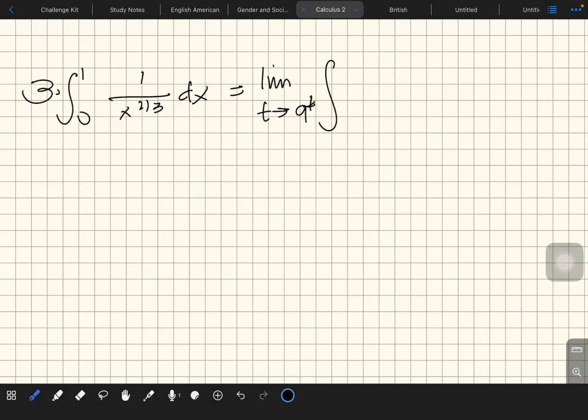From the right, it is equal to integral from t to b of f of x dx.